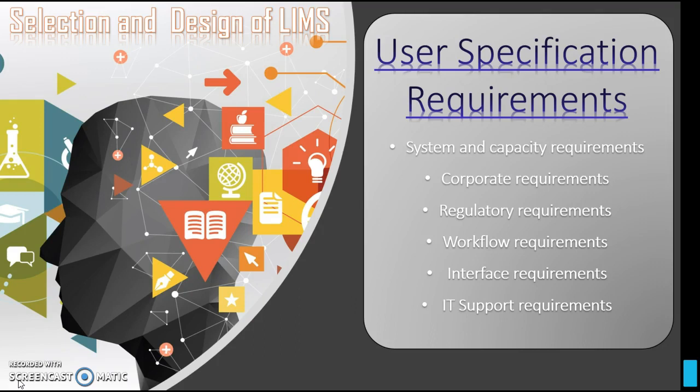Laboratories must ensure that their software can handle system and capacity requirements, corporate regulatory workflow interface, and IT support requirements. LIMS software can make a major contribution to the quality and therefore the efficiency and competitiveness of a laboratory. Since it can impact all aspects of a laboratory's organization, it must be the key, if not the principal player, of a laboratory's quality system.